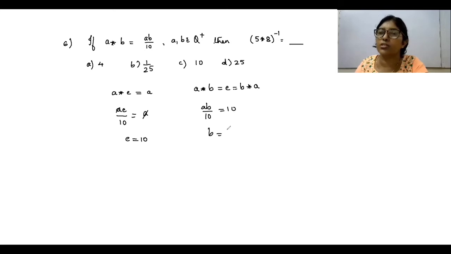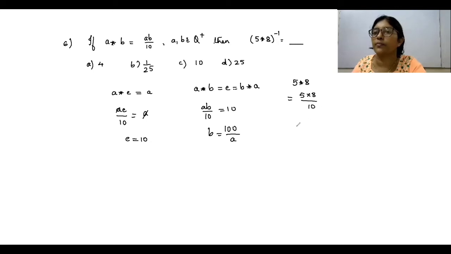So B, which is the inverse, is 100 upon A. So first we will have to find 5 asterisk 8. That is 5 into 8 by 10, 40 by 10 or 4.